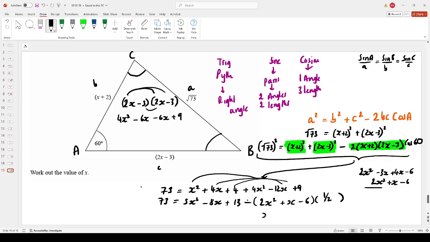So that's going to be x squared plus half x minus 3. Anyone do that? Let me know. This is turning out to be so long. Right, let's put this on another page.